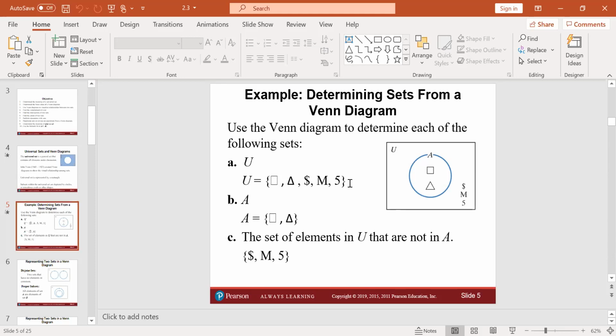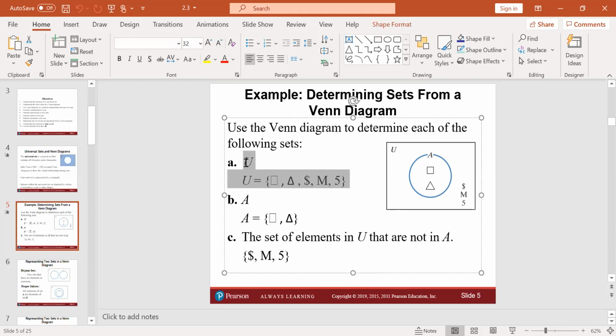So let's say you have a universal set, and the 5 elements in that universal set are a square, a triangle shape, the dollar sign, a capital M, and the number 5. There's probably an Agatha Christie novel out there utilizing this set.